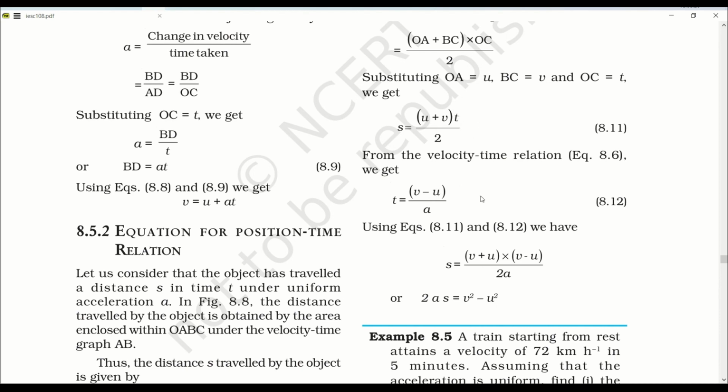So you will write like this, v plus u, that is from this part, and for t, v minus u whole upon a. The 2 was here and a was here, they will be multiplied like this, and that is equal to s, that they are substituting on the left hand side. You will get 2as is equal to v square minus u square. How you got v square minus u square? Algebraic expression of a plus b into a minus b.